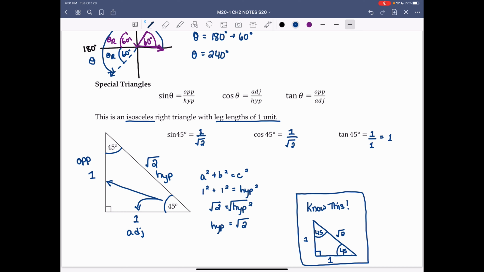So you need to know that one of your special triangles is a right triangle with leg lengths 1, acute angles 45, and then you could always calculate the hypotenuse or just memorize that it's square root 2.